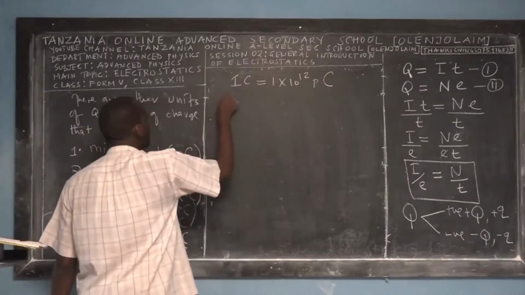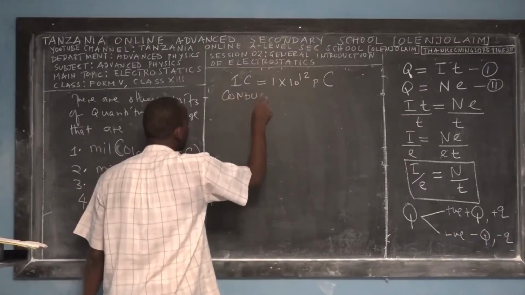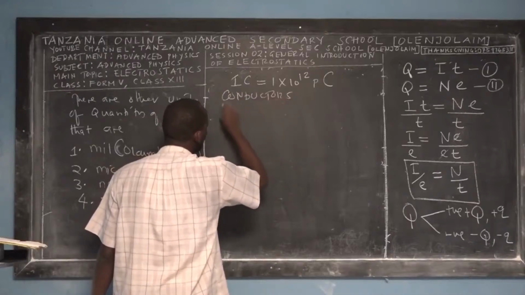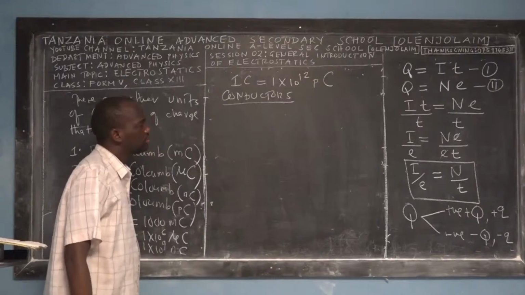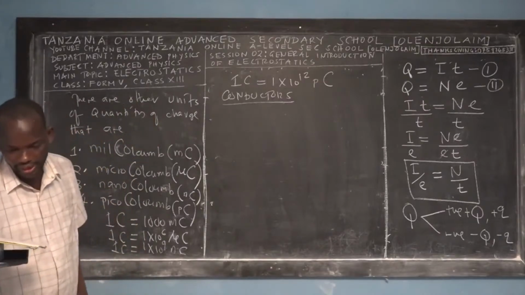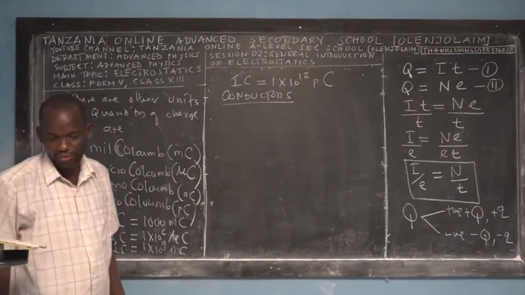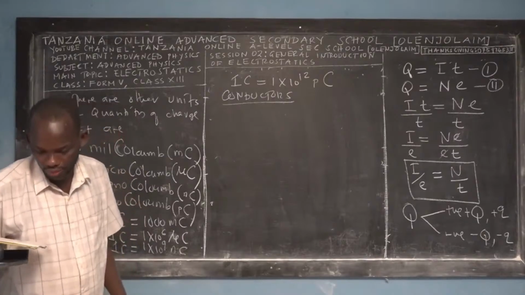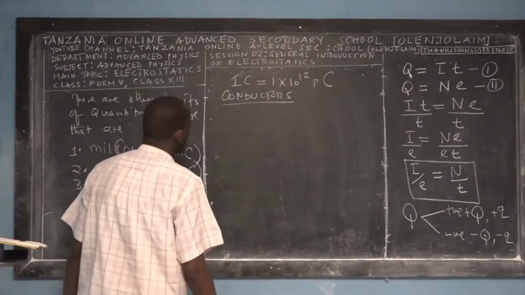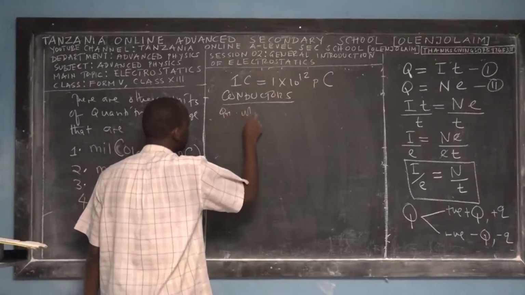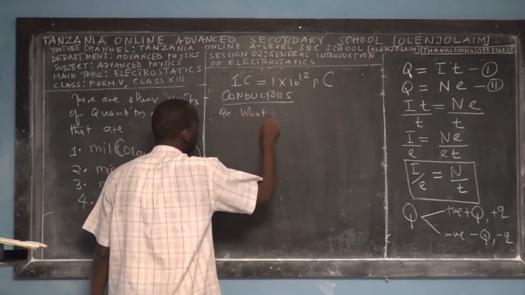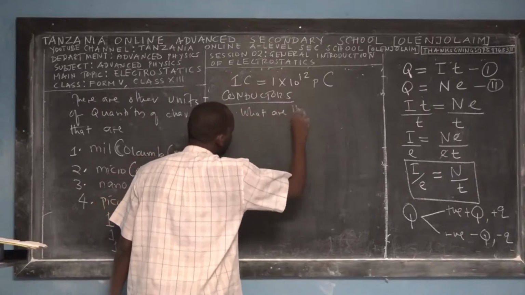So again, we have a term known as conductors. So what are the conductors? Conductors are the materials which have free electrons on the surface of metals.